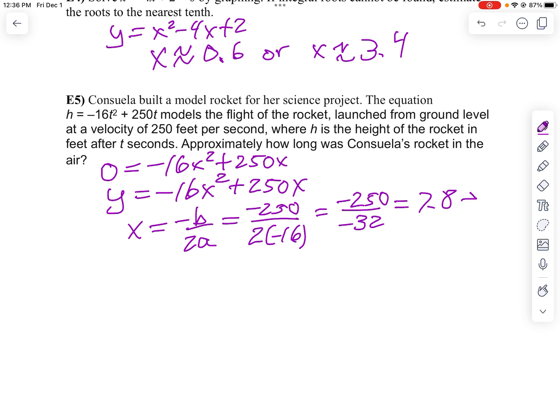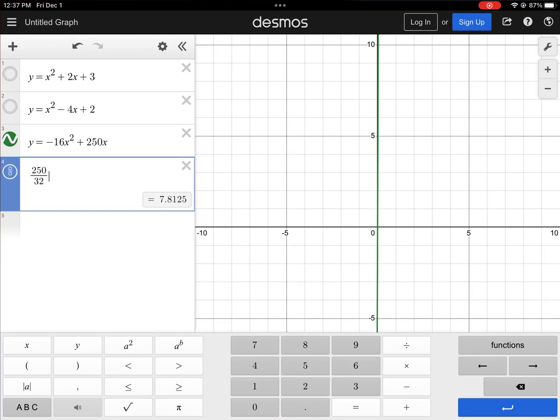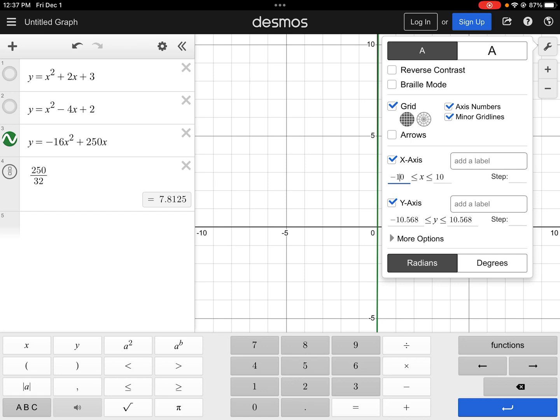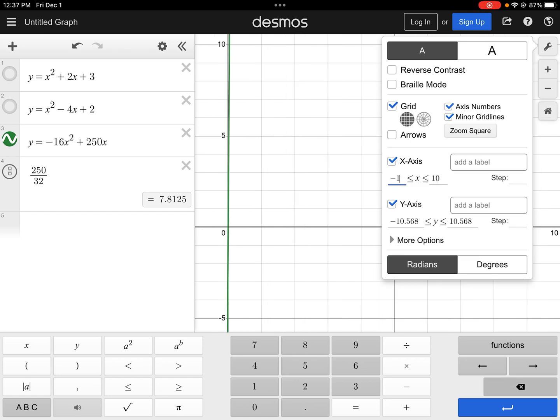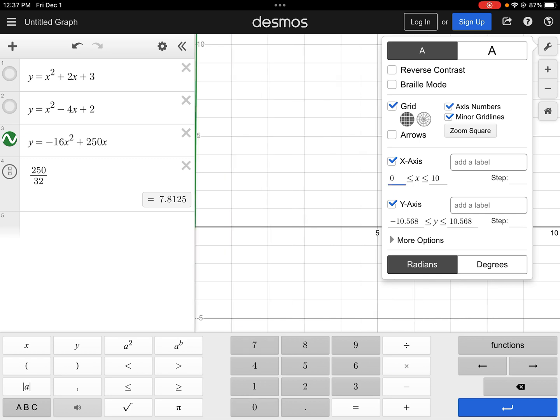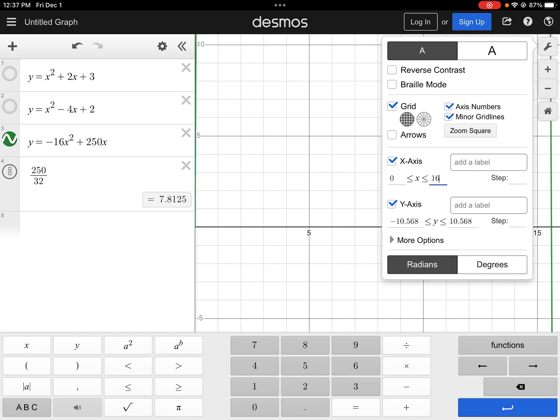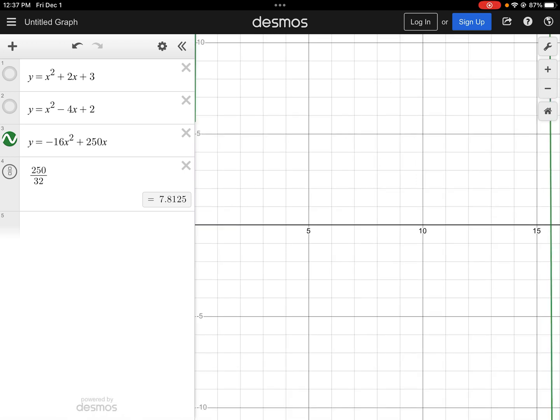16. So in other words, I'm going to go in my graph, click on the wrench, and change my x from 0 to 16. Negative 10 might have worked too, but I'm going to go 0 to 16. Now do you see, I see part of my parabola at least.